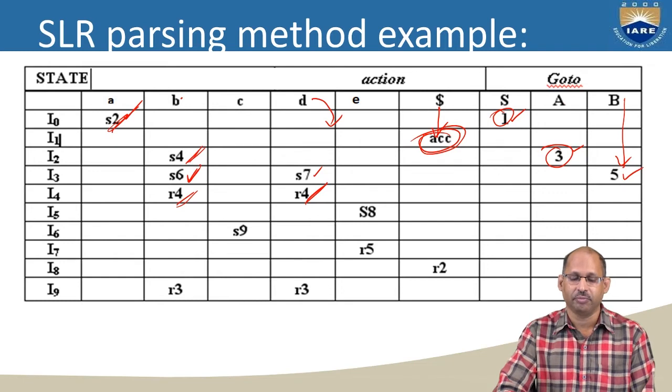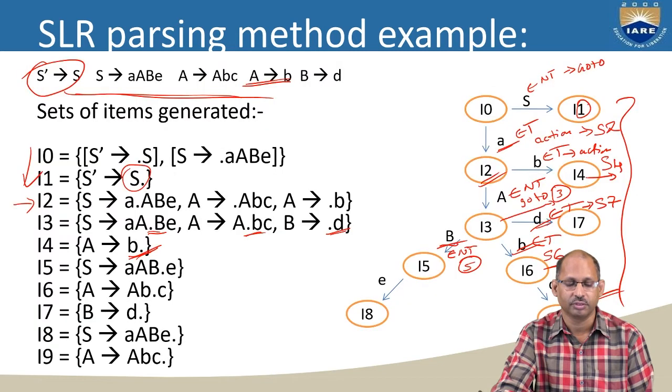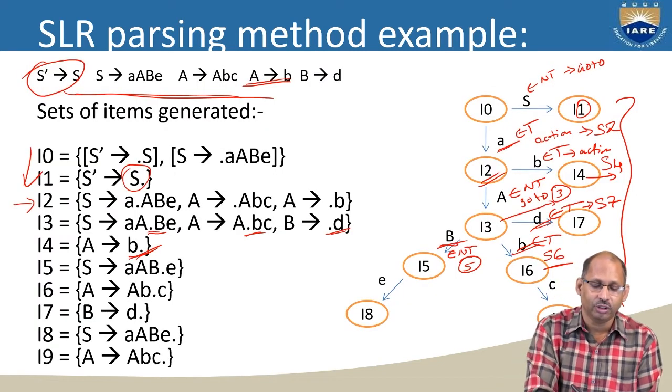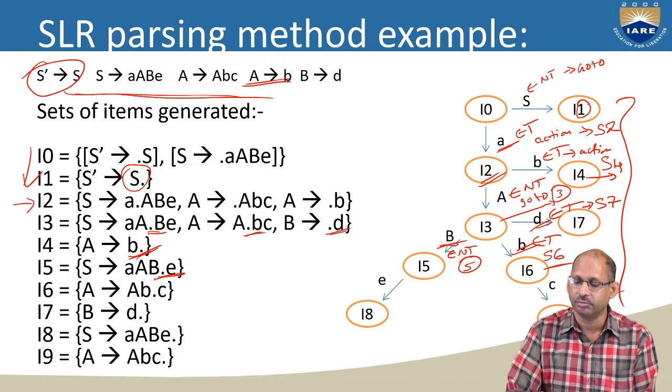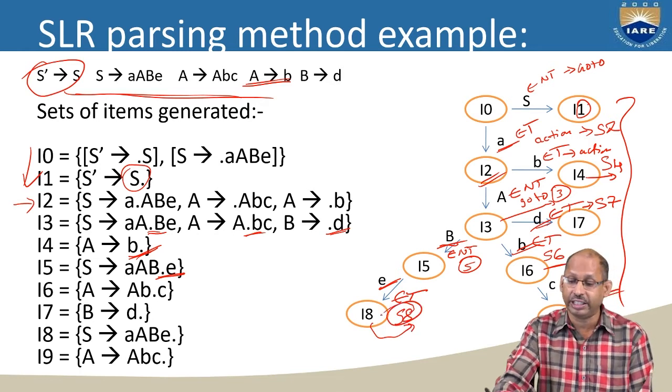Then I5. What is I5? Dot at the end. I5 on E, which belongs to a terminal symbol, so S and this state 8. So we write S8. Where do we write S8?